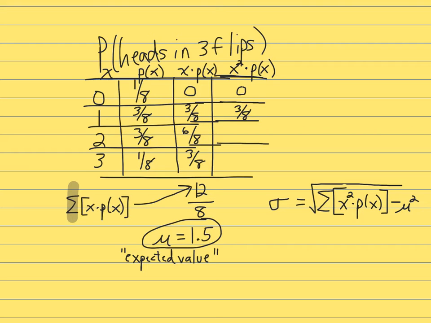Next is an x of 2, 2 squared is 4, 4 times 3/8 is 12/8. 3 is x, 3 squared is 9, 9 times 1/8 is 9/8. Now, we've got this much. Next thing to do is to sum what we got.